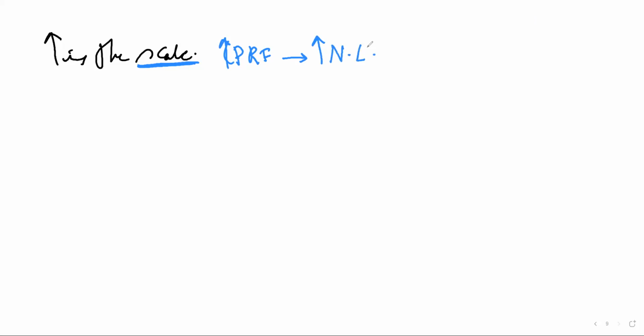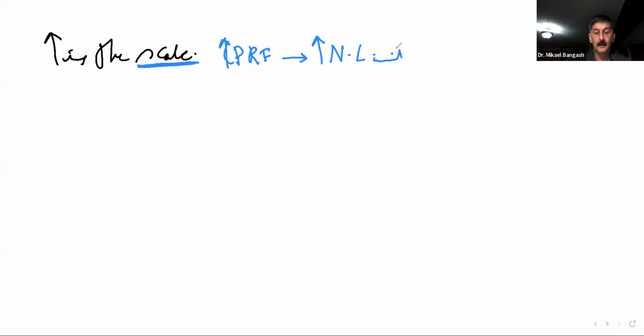The more you increase the Nyquist limit, because what did we say the Nyquist limit was? Mainly a numerical value of the maximum speed that you are going to be able to record.